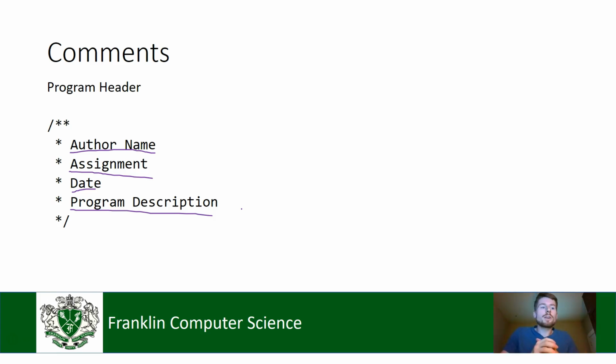In fact, I'm going to pause the video here, and then we'll do another video where I show you how to create a template for IntelliJ, so that whenever you create a new class, it's going to auto-generate this program header for you. So that'll be our next video in just a minute.